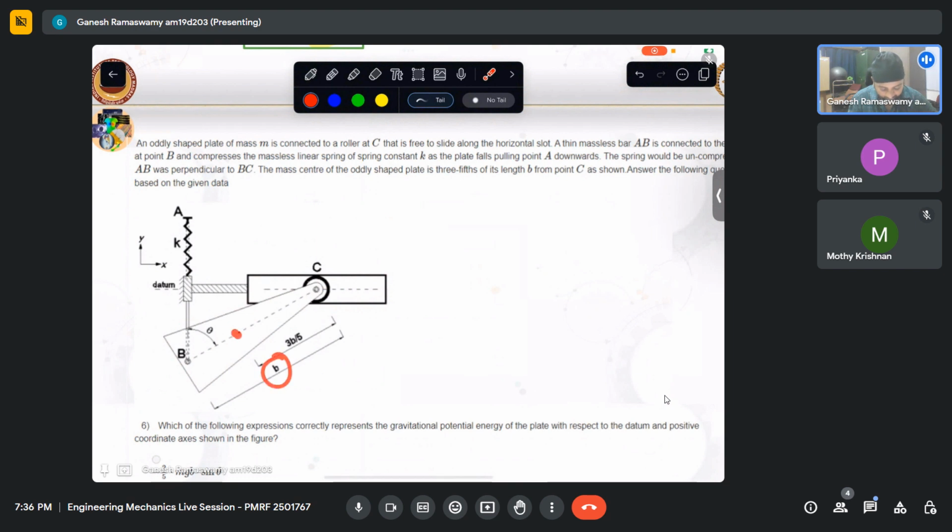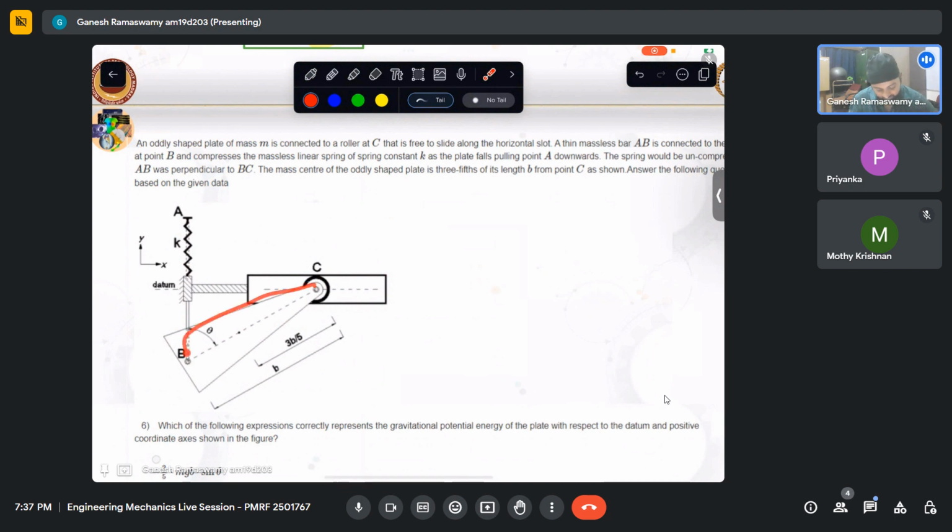If this was a rectangular bar, it will be at b by 2. Since this is wider going downwards, the CG gets pulled somewhat and it is at a distance of 3b by 5. So this is connected to a link, a massless link, which has a spring. Now this thing can rotate.